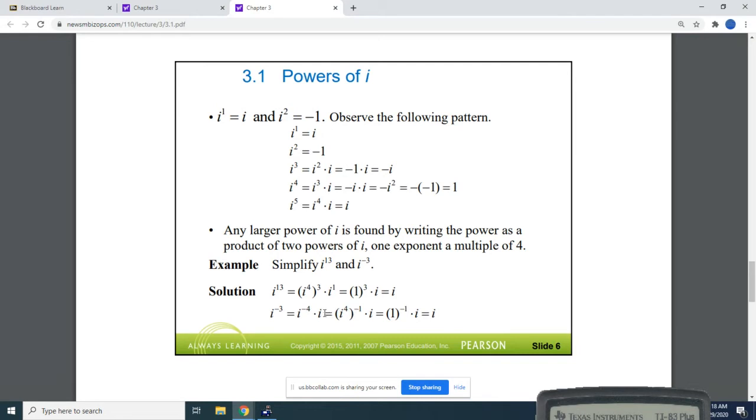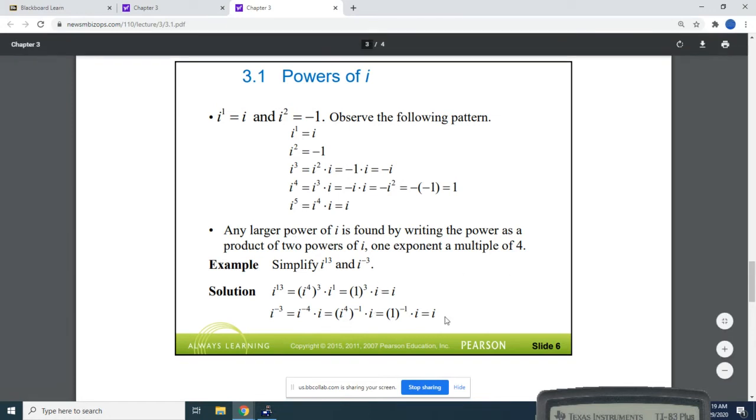Because 4 times -1 is -4. On the next step, i to the 4th power was substituted with 1, right? 1 to any power is still 1, and then 1 times i is i. Okay, so i to the -3rd power simplifies to give you i. All right, so if you have any of these in the homework, just send me an email. I can go further in detail on these.